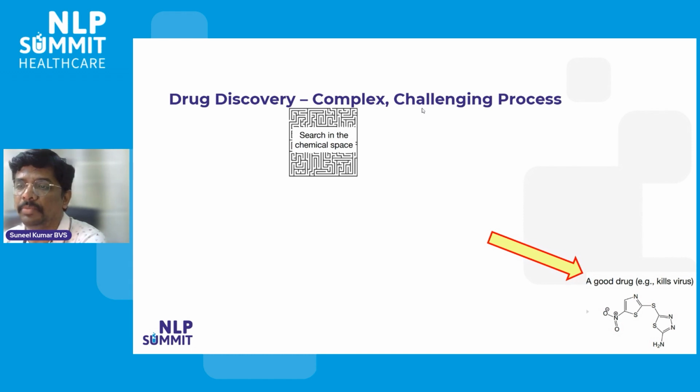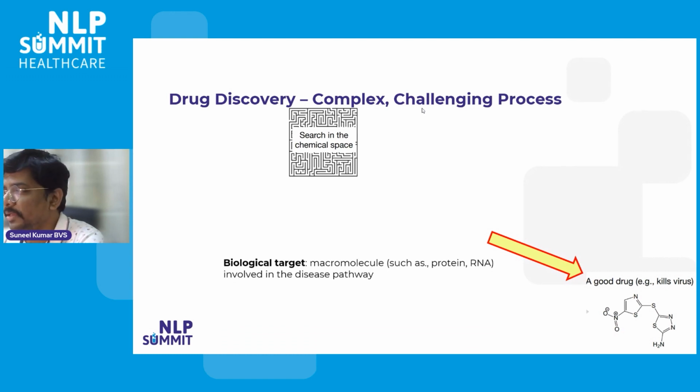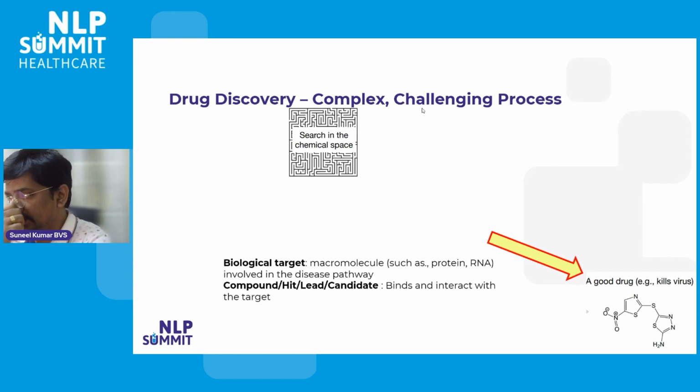Let's see how machine learning models, NLP or AI-based models, can help us identify the right chemical space that suits our property profile and screen it in a faster and smarter way, right? So let's understand the biological terms here. A biological target means the macromolecule of interest, either a protein or RNA, that is involved in a disease pathway somehow.